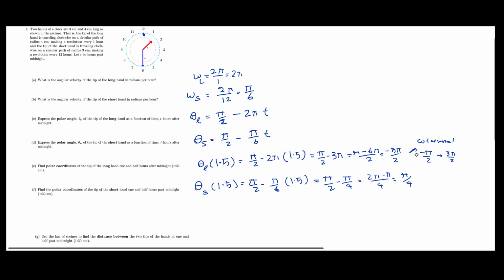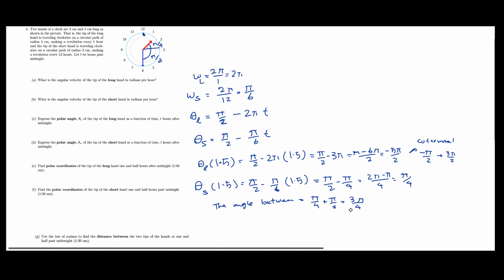But if I want to find a difference, here there is a pi fourth, and I have a pi half here. So the angle between them is equal to pi fourth plus pi half, which is 3 pi fourth.